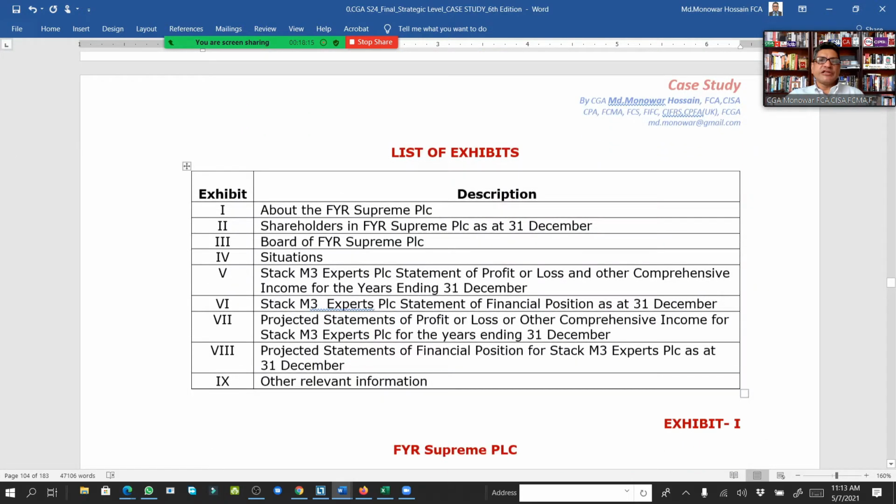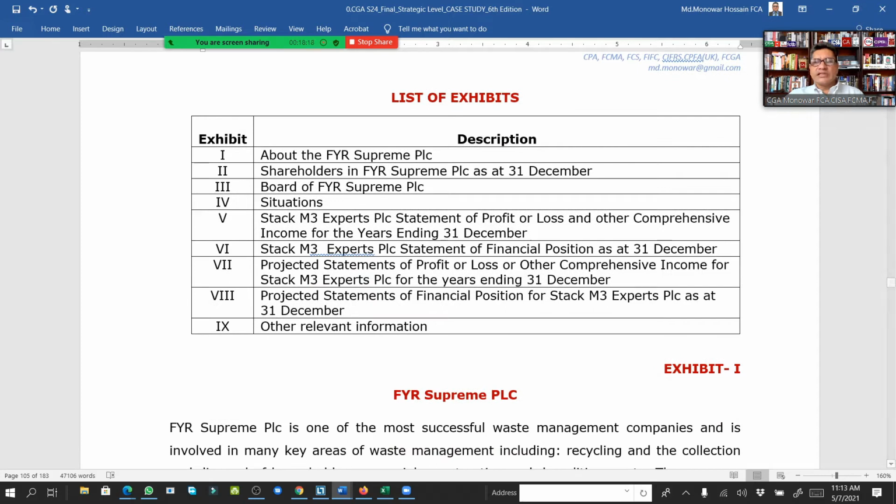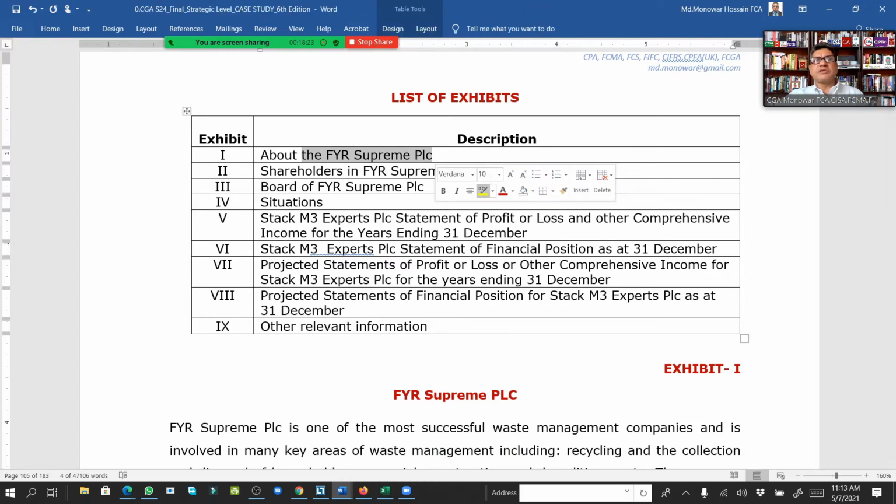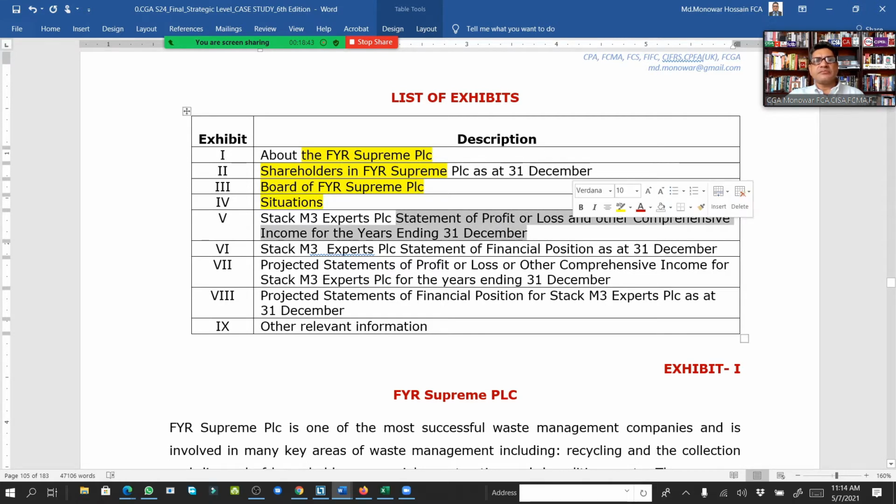And if we go to the exhibits within this case study, here FIR Supreme PLC is described, and the shareholding position of the company, and also the board of directors: who they are, their qualification and age, and their association with the company. There is a statement of profit and loss, comparative income, and the statement of financial position of another company.